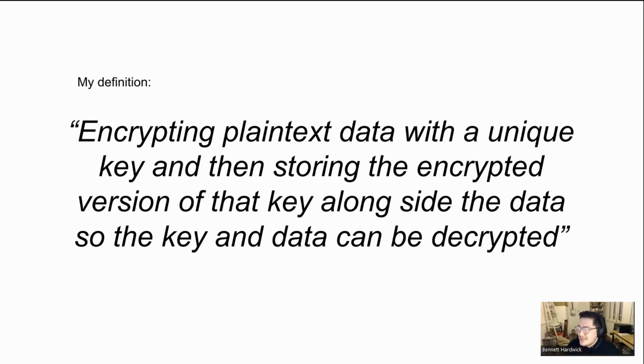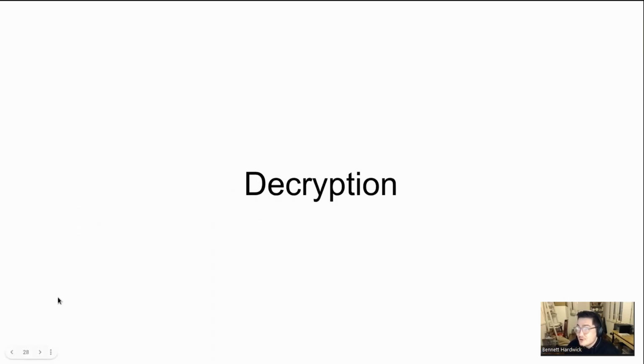Instead of the stuff about data keys, it's encrypting plain text data with a unique key and then storing the encrypted version of that key alongside the data so that the key and the data can be decrypted, which is not as wordsmithy as the original one was, but I think it makes it a lot clearer to me anyway.